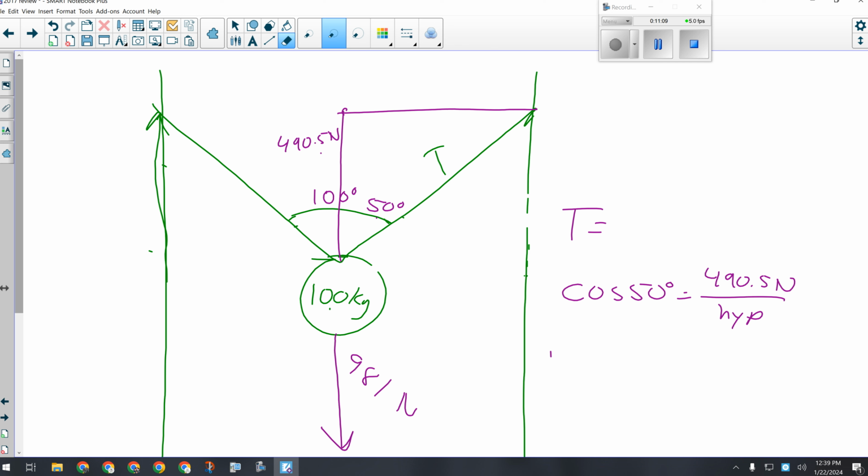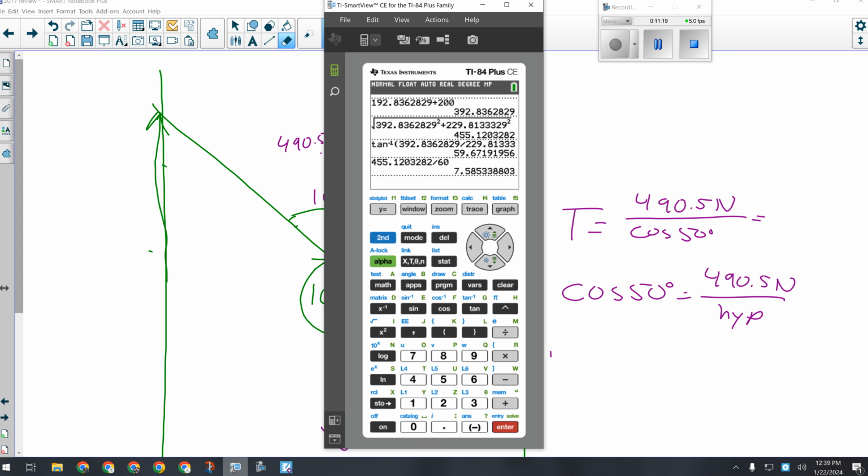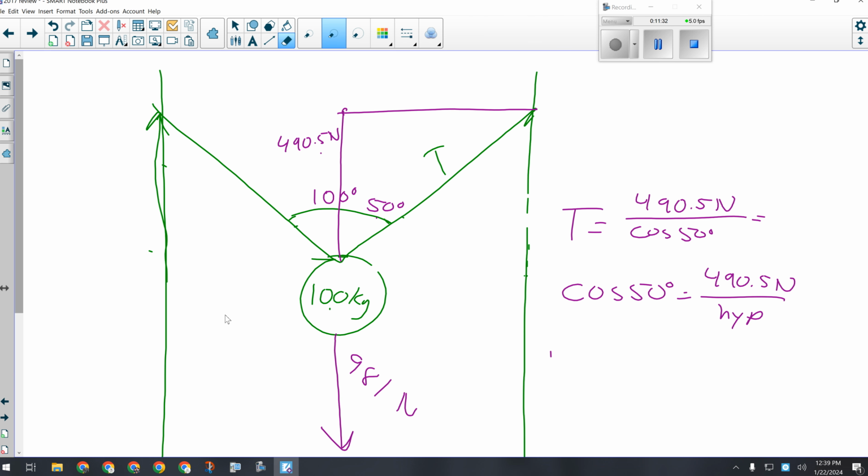So the tension will be 490.5 newtons divided by the cos of 50 degrees, and that'll give me the tension in that cable. We have 3 significant figures there, so 763 newtons. I don't need to put a vector on that because it's tension, and tension pulls both ways. Is that ringing a bell? Still a vector question, still a Newton's second law question.